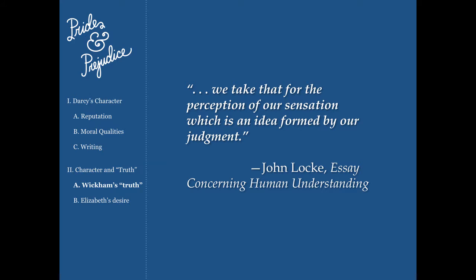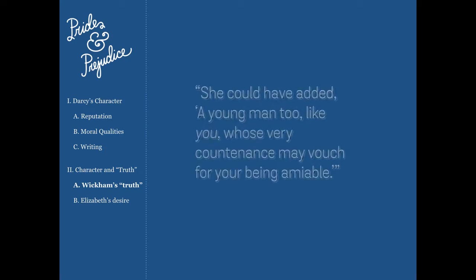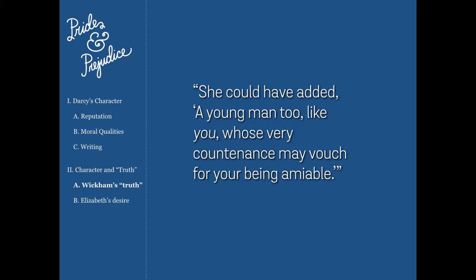A little farther on in the same conversation, Lizzie expresses her outrage at the way Darcy has treated Wickham, and the narrator tells us she could have added, "A young man, too, like you, whose very countenance may vouch for your being amiable." Now, how does someone's countenance vouch for his being amiable?